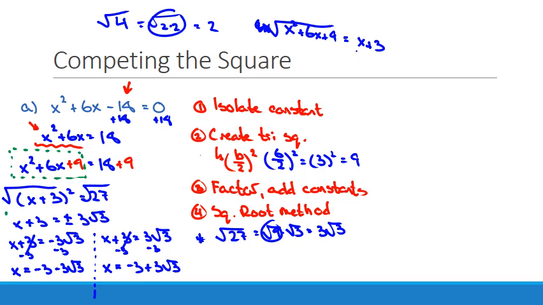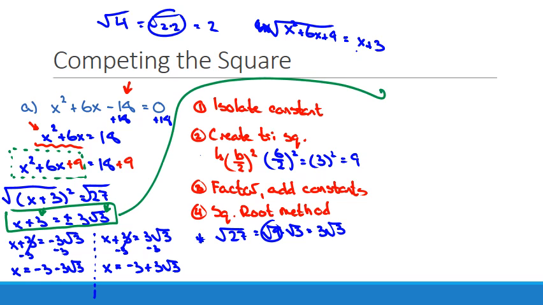Now, the shortcut for this: when you realize that this term and this term aren't like terms and therefore won't combine, you can use a lazy notation. I'll write this out again. So x plus 3 equals plus or minus 3 root 3.